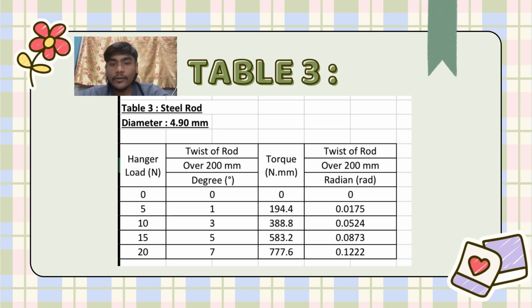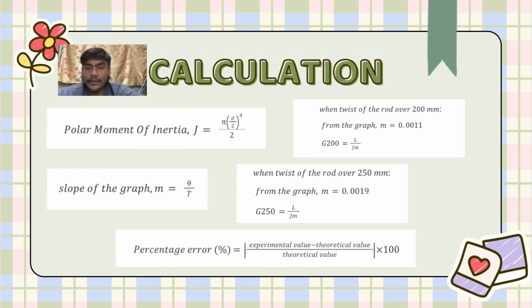This table doesn't have twist of the rod over 250 millimeter because the data that we collected is the same as the twist of rod over 200 millimeter. So I put just one data here because it's the same value. Next, we move on into the calculation part.